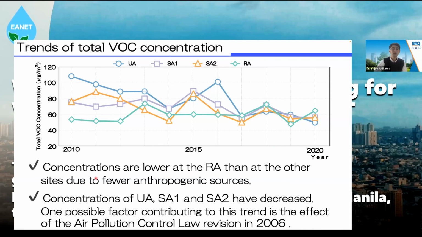This is probably due to fewer anthropogenic sources in rural areas. The concentration in urban and suburban areas has decreased over the decade. One possible factor contributing to this downtrend is the revision of the air pollution control rule, which was set to reinforce VOC control in year 2006 in Japan.